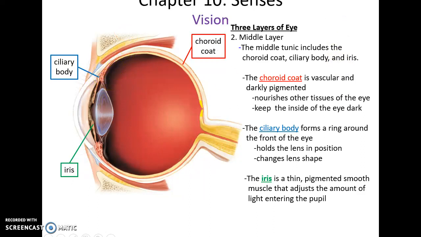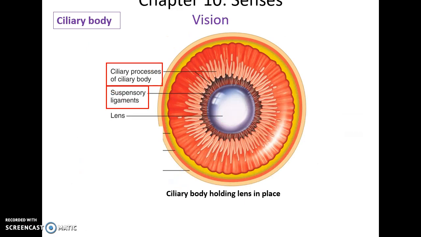This forms a ring around the front of the eye. It helps to hold the lens of the eye in place and can also change the shape of the lens. And then at the very anterior region, we have this strip of smooth muscle tissue called the iris. The iris is then able to adjust the size of the pupil to control the amount of light entering the eye. So here is the ciliary body with its little processes and the fibers attaching to the iris.